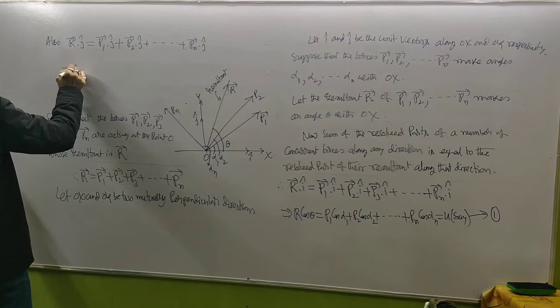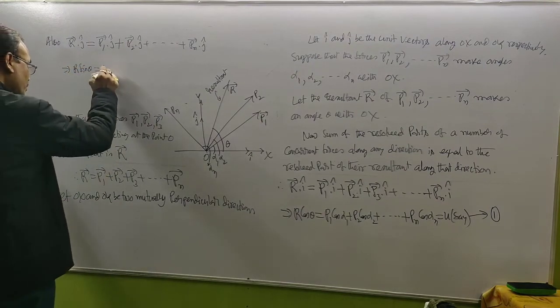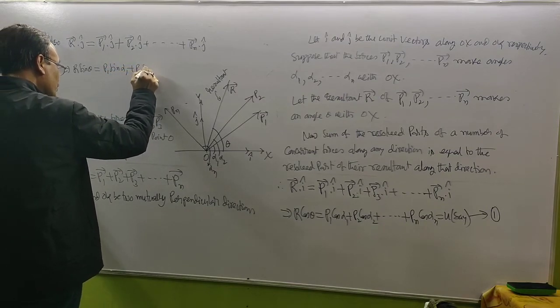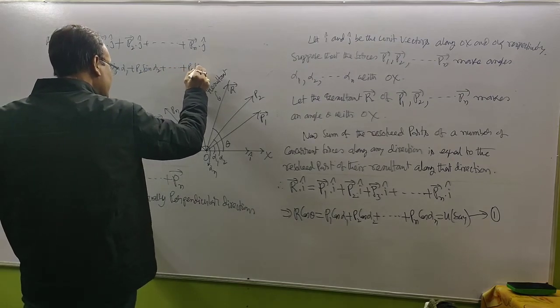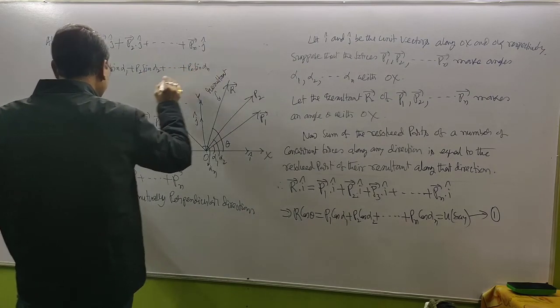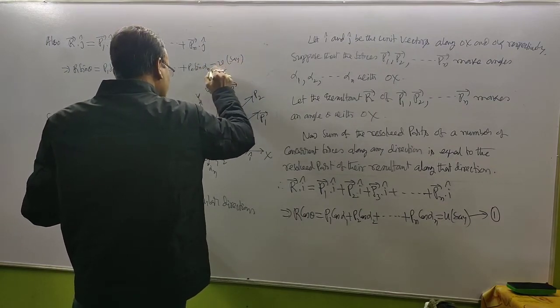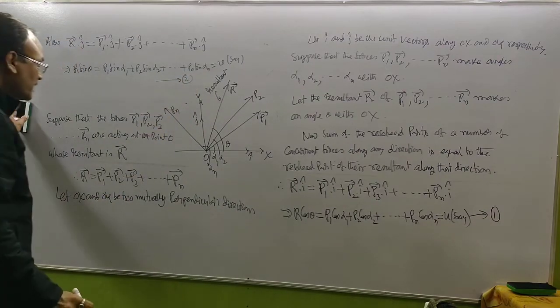This means R sin theta will be equal to P1 sin alpha 1 plus P2 sin alpha 2 plus up to Pn sin alpha n, equal to V. Suppose this is number 2.